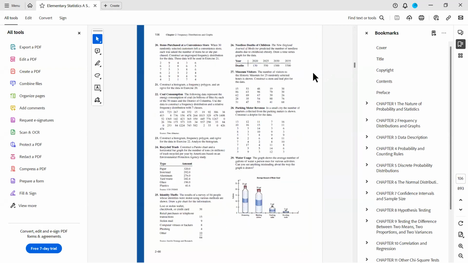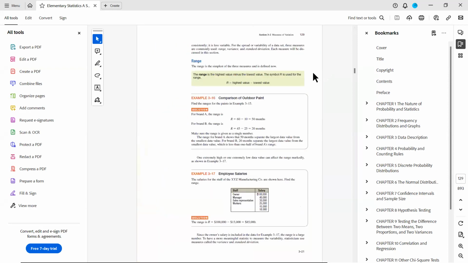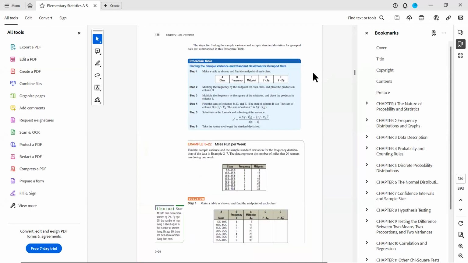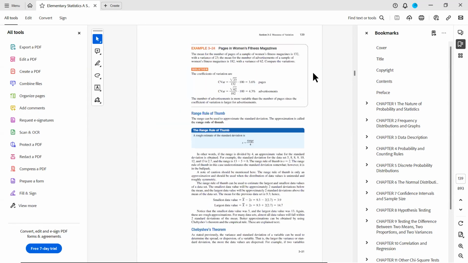Let me see, this is page 130, we're getting closer. Am I wrong? Here it is.